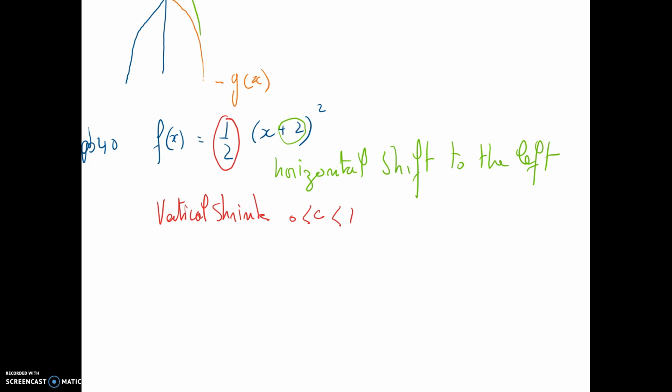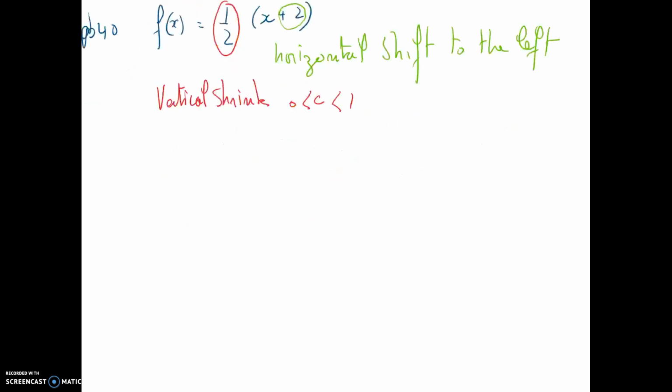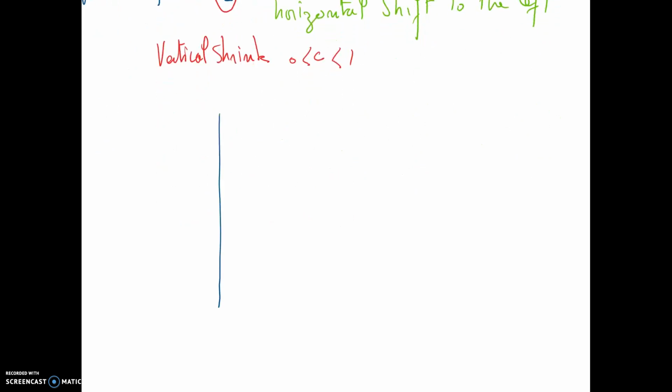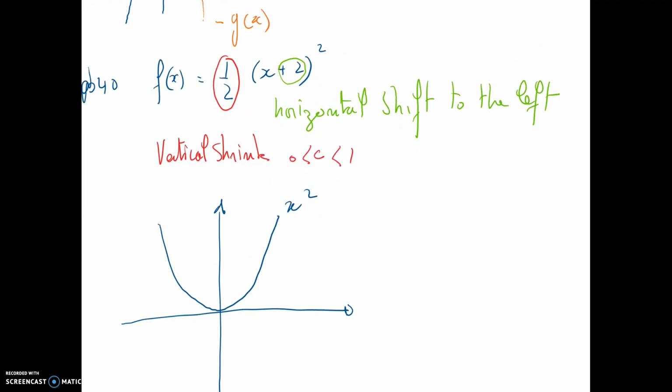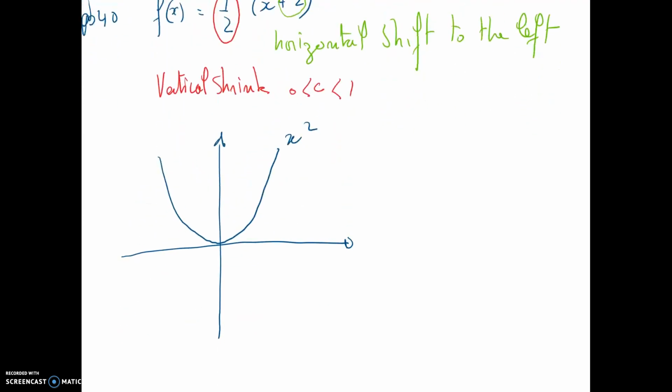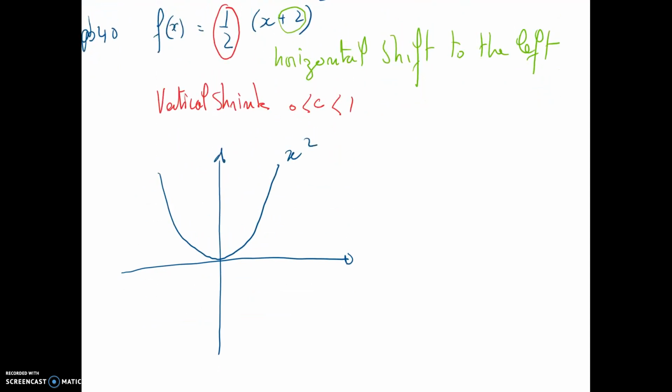So if I want to represent that, I am going to first represent x squared. That is the function x squared. Then if I want to represent the x plus 2 squared, which is a horizontal shift to the left of 2 units, let me use my green. If that is 1 unit, that is 2 units.